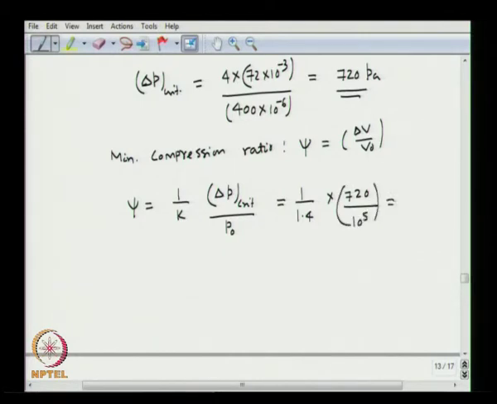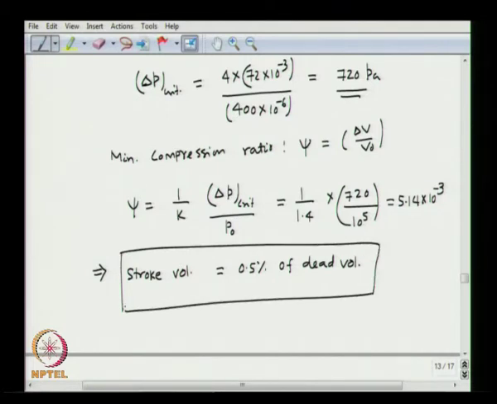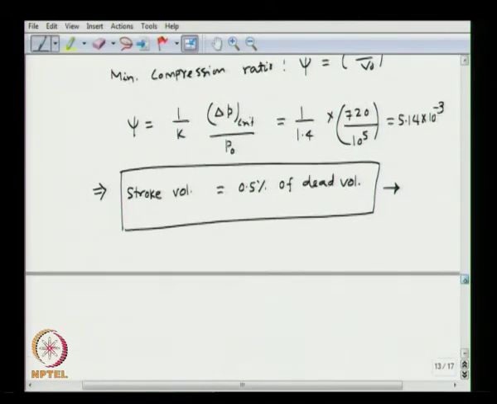This will be about 5.14 into 10 to the power minus 3. What it tells us is that the stroke volume delta V has to be about 0.5% of the dead volume. Then only the valve seat will open and the pump will get self primed. So, next we consider another example.